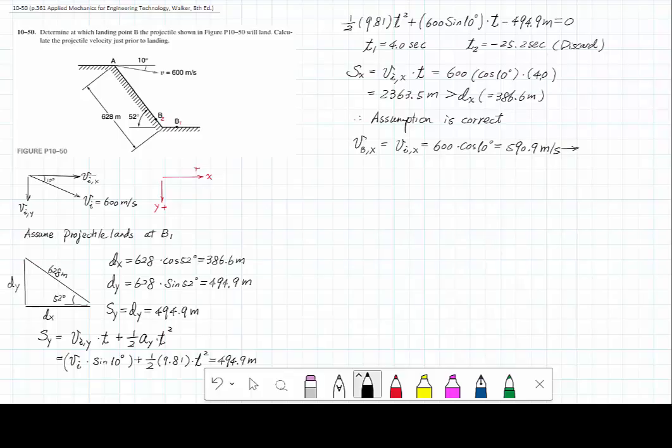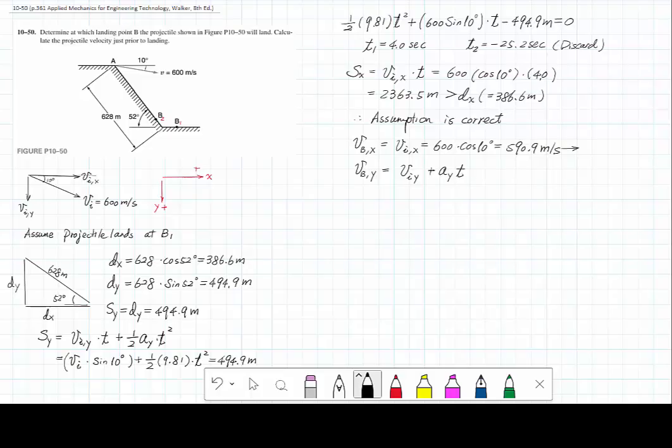Now the VB in the y direction before landing at B1 has gravity as acceleration. So the equation is Viy, initial velocity, plus acceleration in the y direction times time.